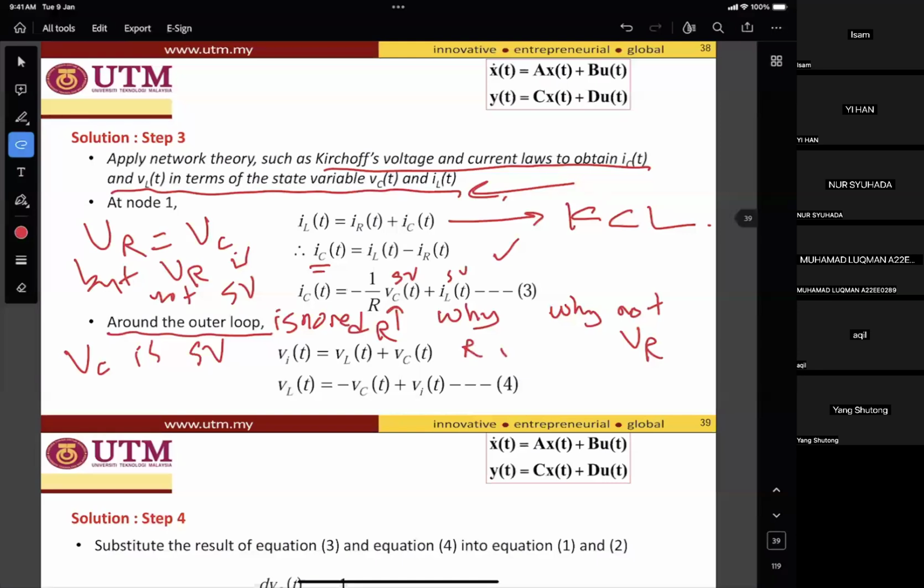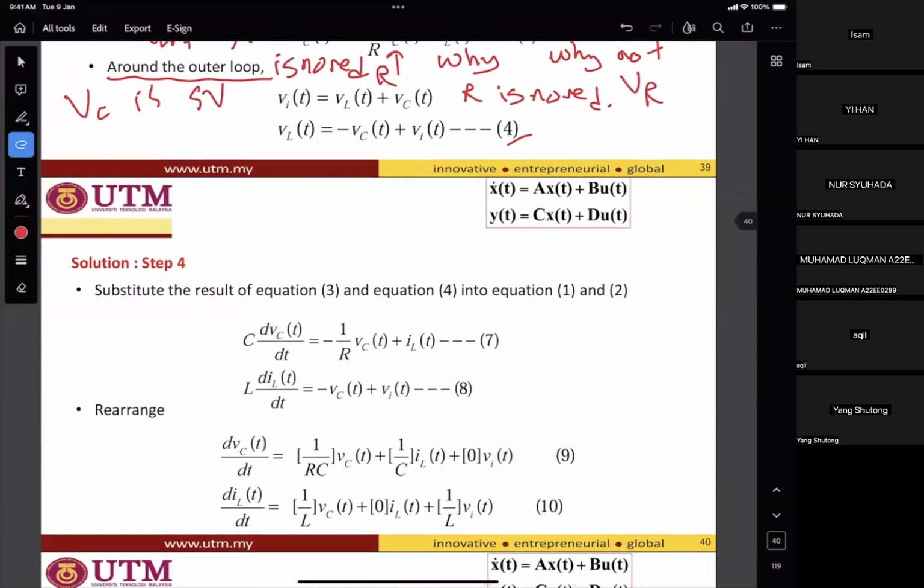That is the outer loop. Don't ask me why, it's the circuit theory. Then VL is equal to minus VC plus VI, equation number 4.